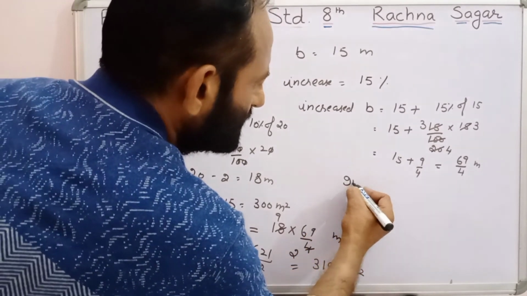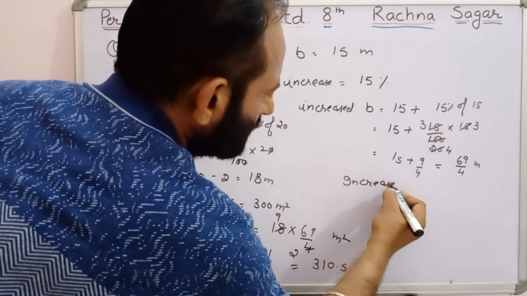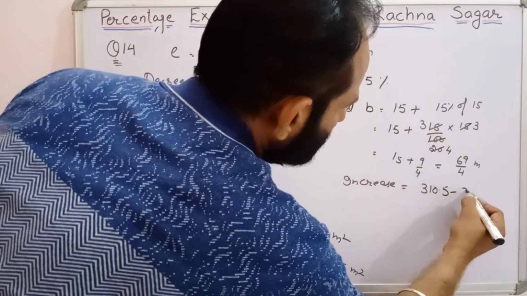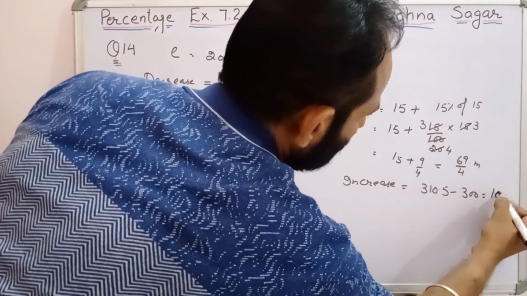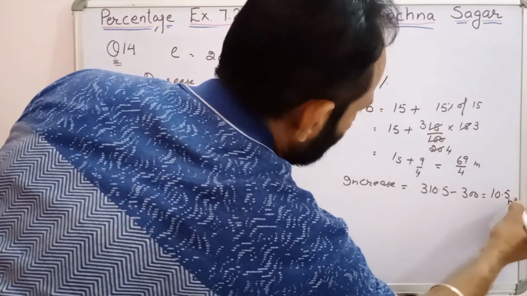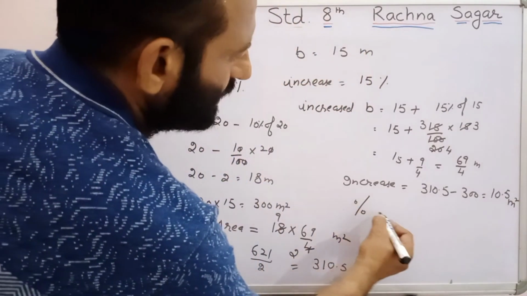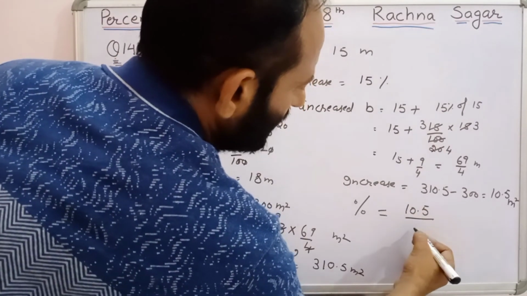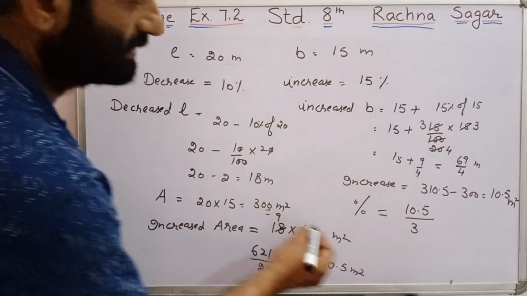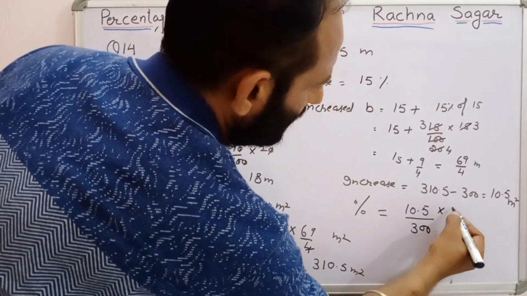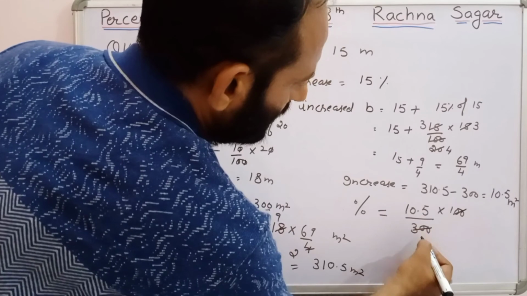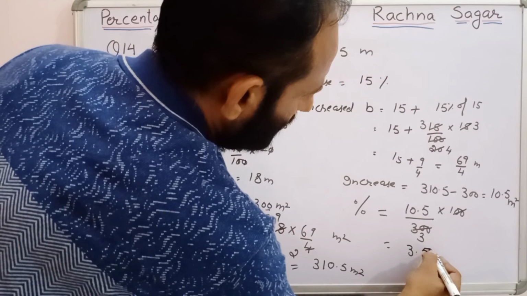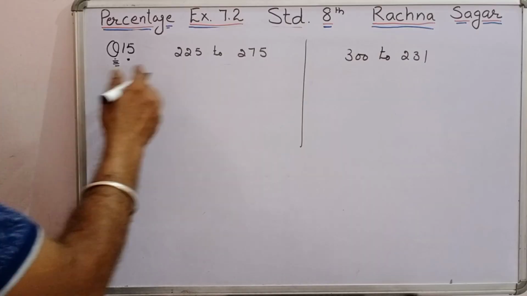Now increase in area, it is equal to 310.5 minus 300, it is equal to 10.5 meter square. And percentage increase in area, that is equal to increase in area 10.5 over original area. Original area of the plot is 300 meter square multiplied by 100, and it comes out to be 3.5%.